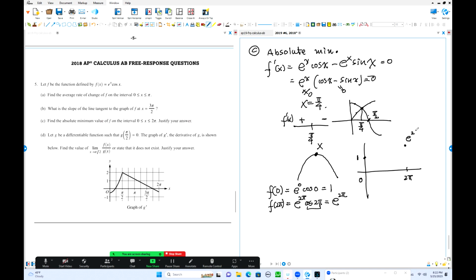This is e to the 2 pi. The graph looks like this one, okay? This is pi, okay? Relative maximum. So check out these two points. Where is the lowest point? This point is the lowest one. That point is the absolute minimum.